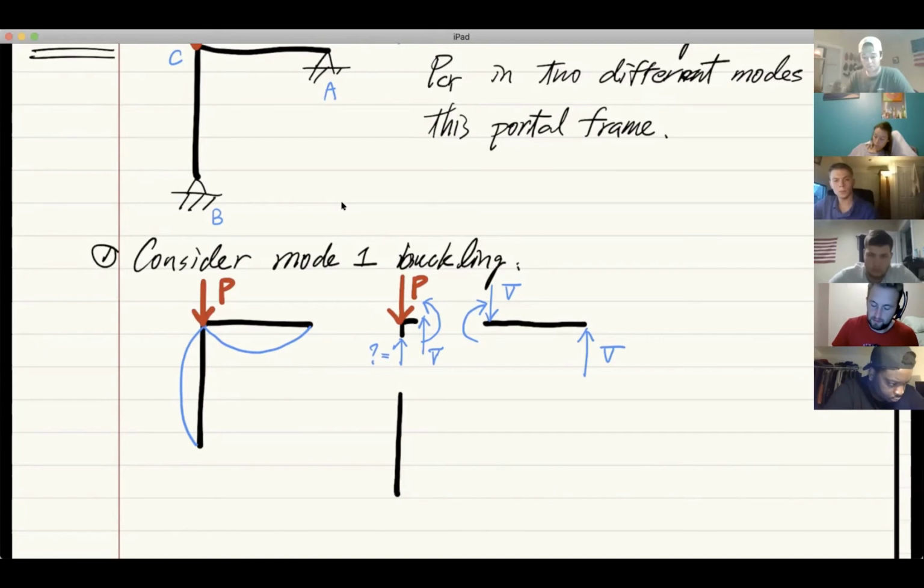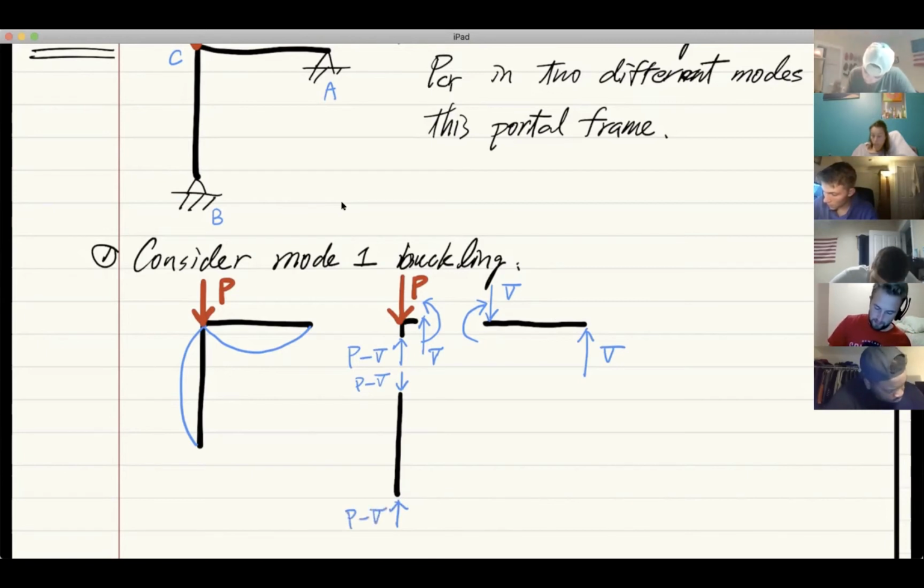Very good. Now, if this is P minus V, what about this one? This is also P minus V, right? If it's also P minus V, what is this one here? It's also P minus V. Correct?